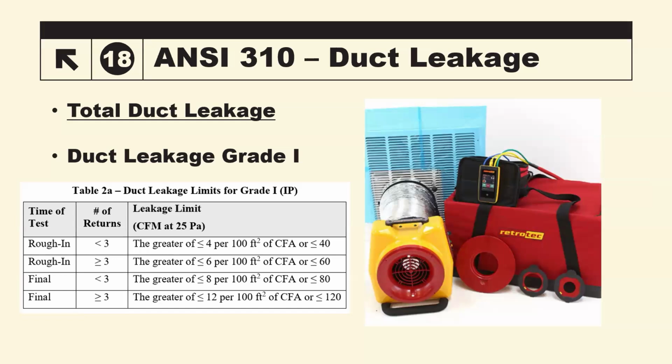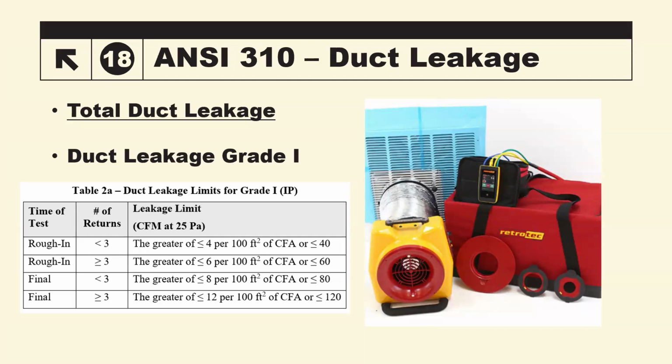Because I have seen homes pursue Energy Star for certification and they're not doing 4% total duct leakage, because Energy Star doesn't have 4%. They have 8% or 12%, and so on and so forth. So just be careful, depending on the compliance path someone's pursuing.